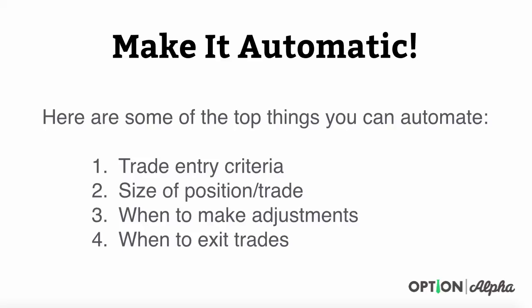So if we know we want to get out of a trade once we've reached a certain profit potential, then we can go ahead and set that up automatically so that if the trade gets to that point, it closes it out for us, and we don't then have the decision of, do I want to make more money? Do I want to let this trade go a little bit longer, right? Because then we start thinking emotionally, and we start becoming possibly greedy or fearful.